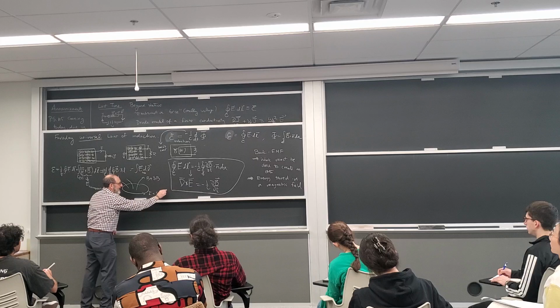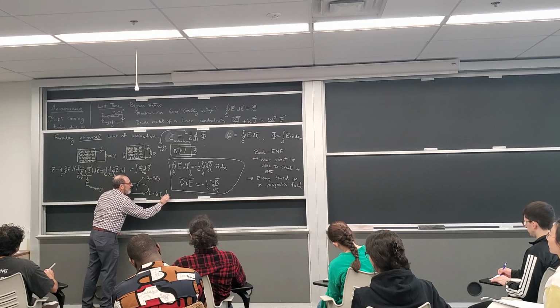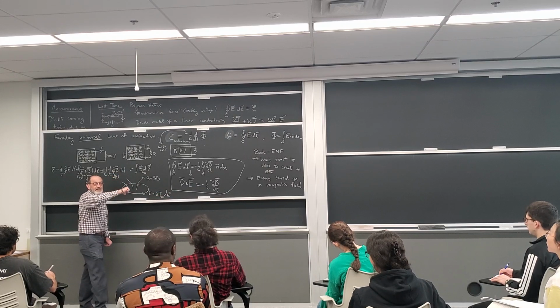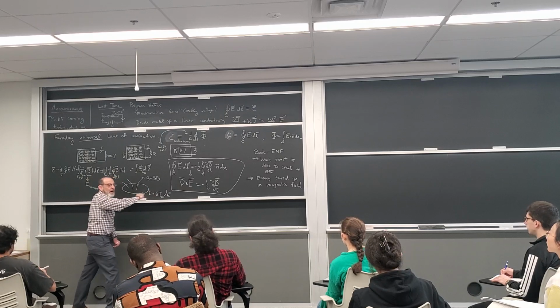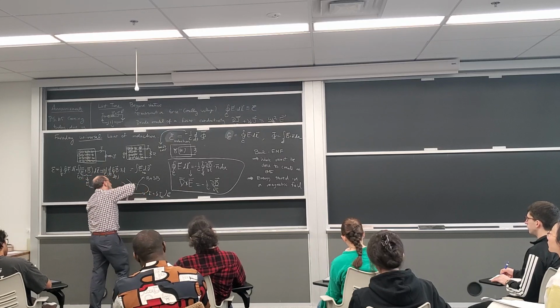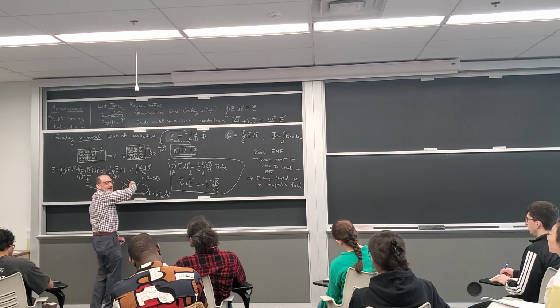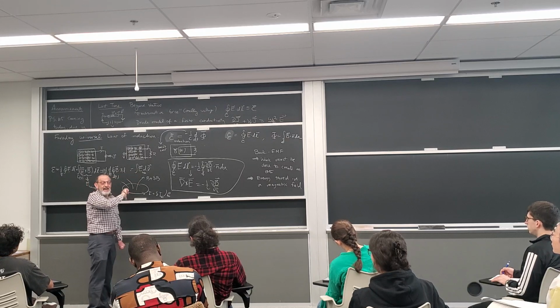But that's going to create an electric field that goes in the opposite direction because of the minus sign, because of Lenz's law. It opposes, it's going to make a current to try to make the flux not change.